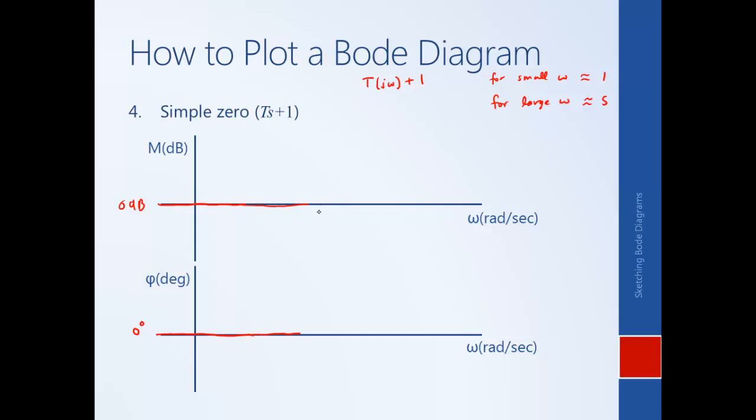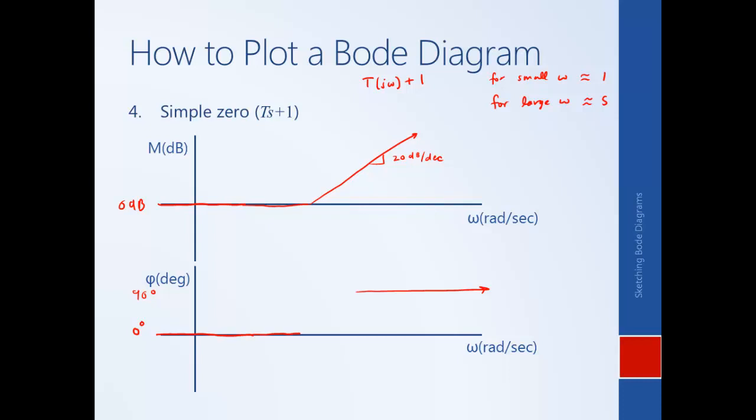And if you recall what a differentiator does, it goes up at a straight line at 20 dBs per decade. And the phase of a differentiator is positive 90 degrees.